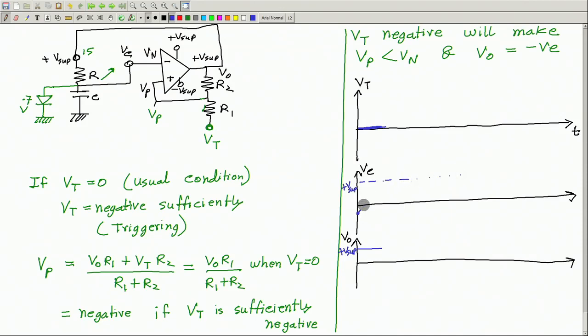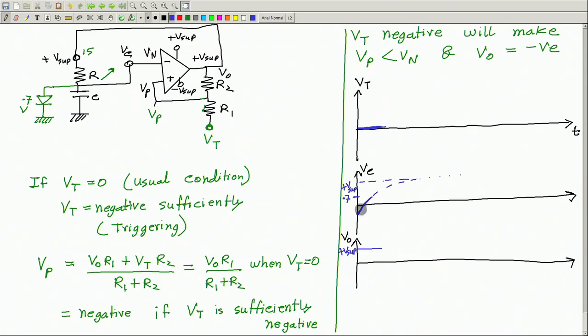So, it will try to go there exponentially like this, but it will not reach there, because once this voltage is greater than 0.7 volt, this diode will be on and the entire current will flow through the diode. So, this will not reach beyond 0.7 volt. So, this is 0.7 volt, okay. Although this is not in proper scale, 0.7 should be much closer to 0 than V supply, but okay, for now it is okay.